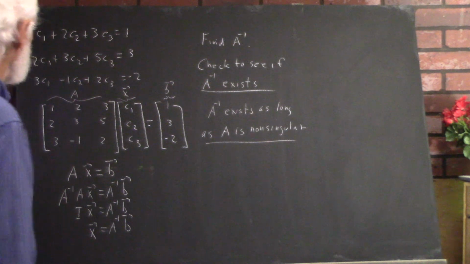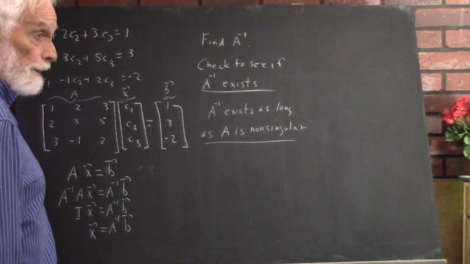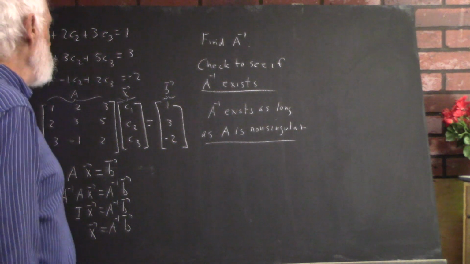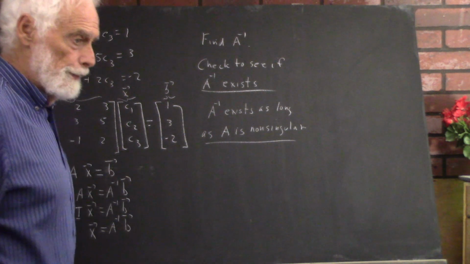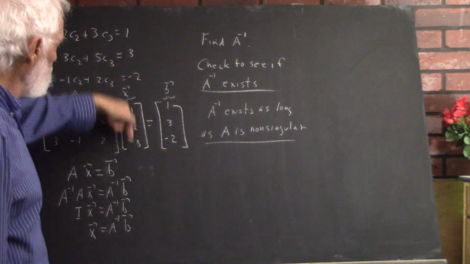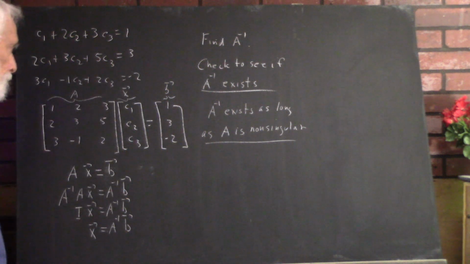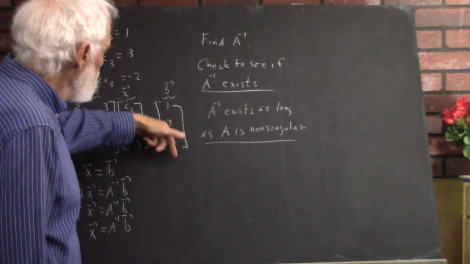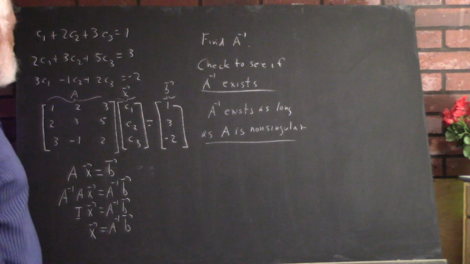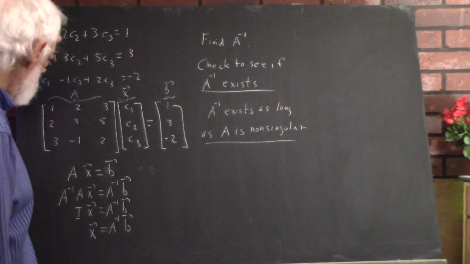Well, here we have it. Here are the three equations I claimed that we need to write. Well, these three equations can be written as a matrix equation. It's this matrix multiplied by the column vector C1, C2, C3 equals the column vector 1, 3, -2. We see that this works. We can check it out.